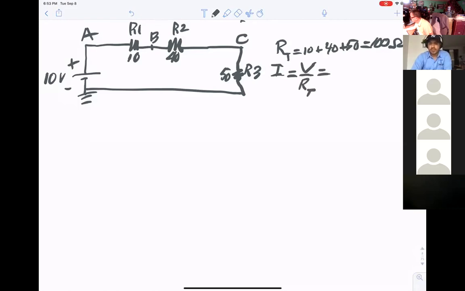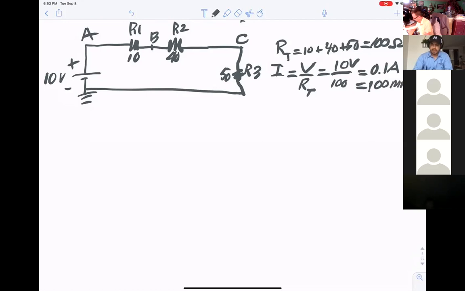V equals 10 volt divided by 100 ohm, giving you 0.1 ampere, which is 100 milliamps.